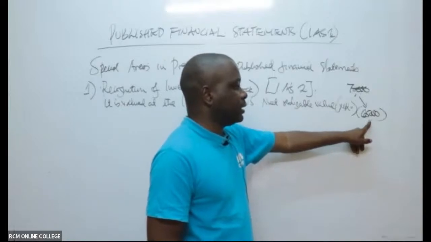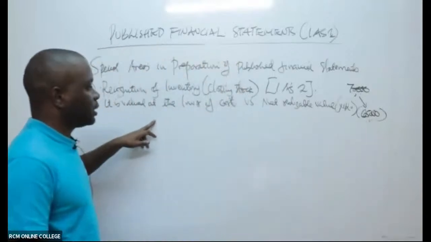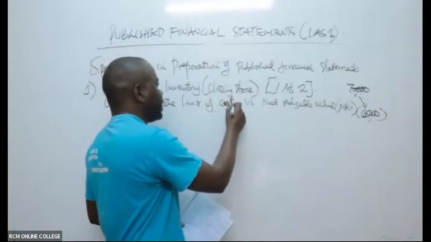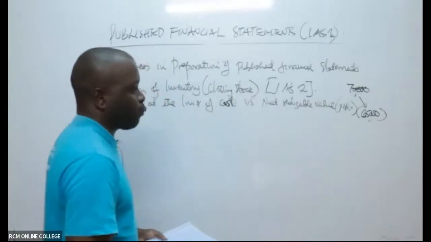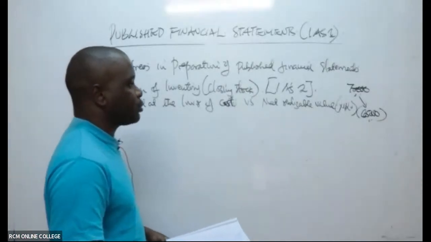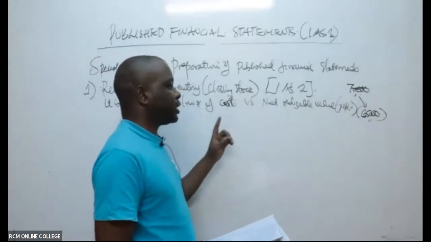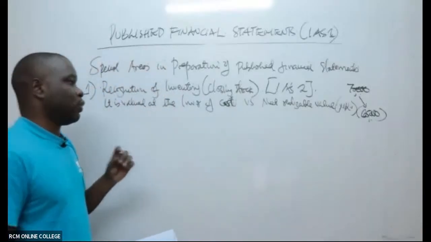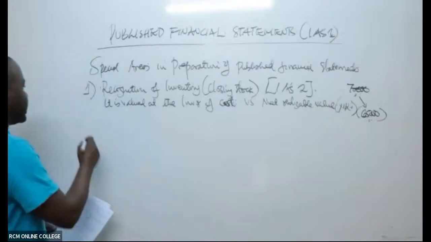This is NRV, because you take the lower of cost and the net realizable value. So you take 65,000 as the value to determine the closing inventory in the balance sheet, and this is also used when determining the cost of sales.